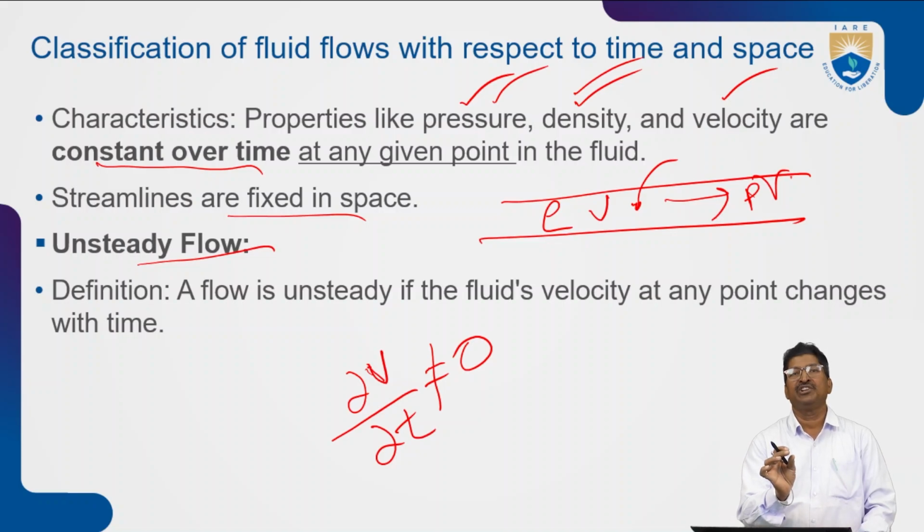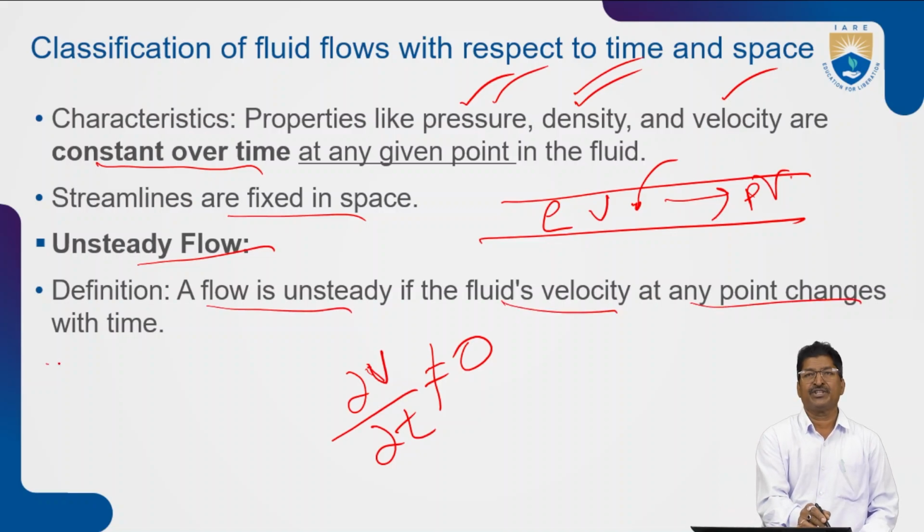So if you take a point A and measure, it will have some velocity. And at some other time it will have some other velocity. That means velocity is changing with respect to time. So that is called an unsteady flow. So the definition is: the flow is unsteady if the fluid velocity at any point changes with time.